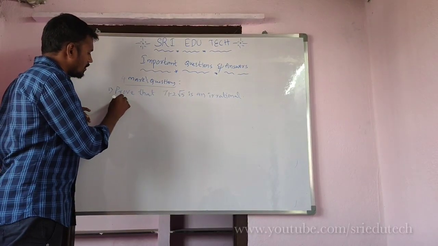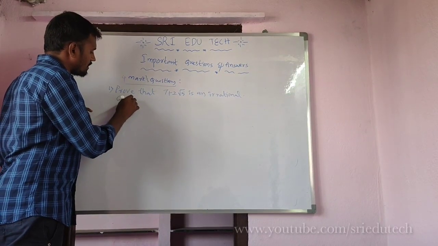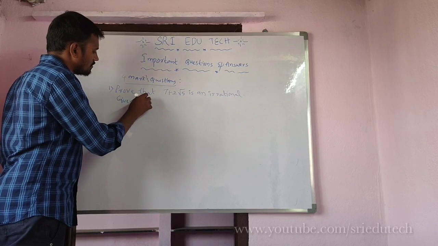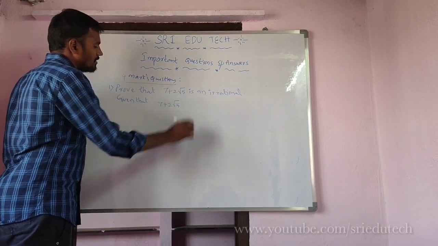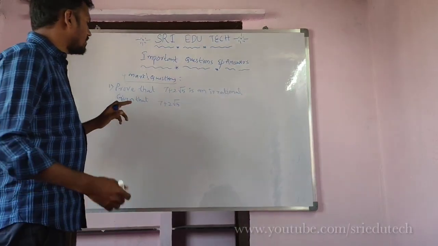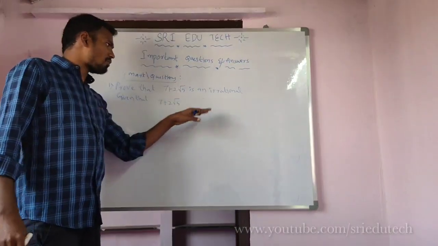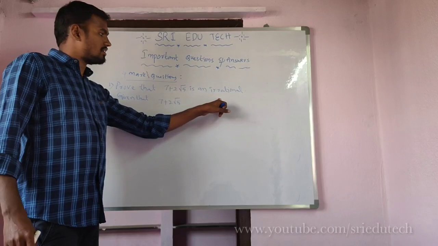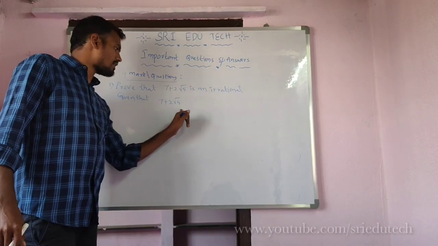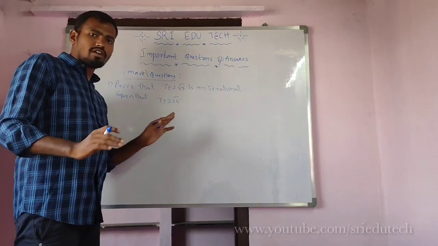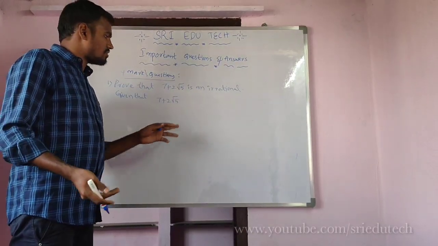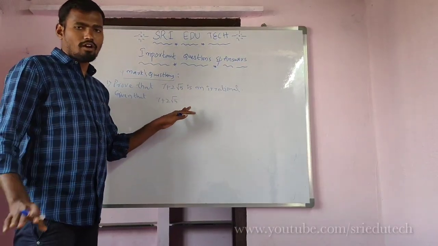first you can write down, given that 7 plus 2 root 5. Before proving that it is irrational, we have to assume 7 plus 2 root 5 is rational. Okay now, 7 plus 2 root 5 is rational. So rational means p by q form.